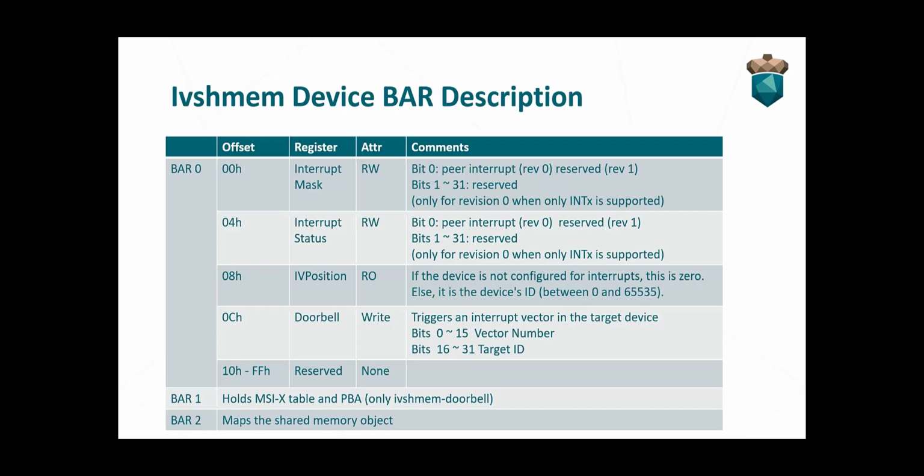So you can specify such as 0 to 7 in bits 0 to 15, and when the guest VM writes to this register, a VM exit will happen, and the hypervisor will emulate that by triggering an interrupt to the peer side. That is how the interrupt is forged to the peer virtual machine. Yes, thank you. So in this case, communication between virtual machines can be very fast. Thank you. You're welcome.